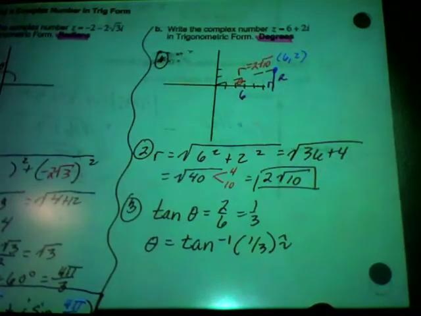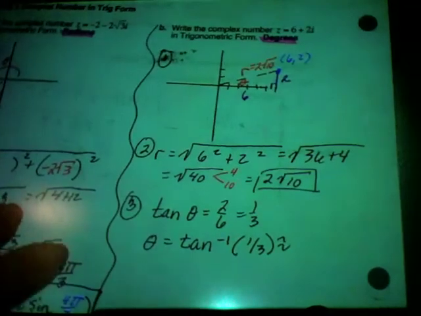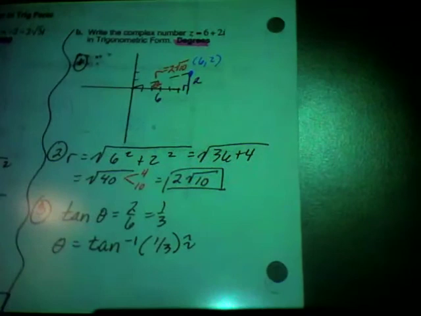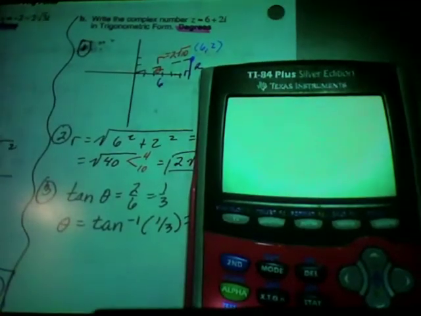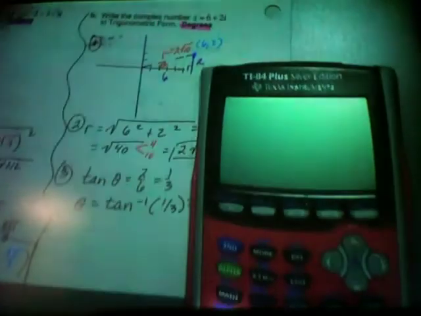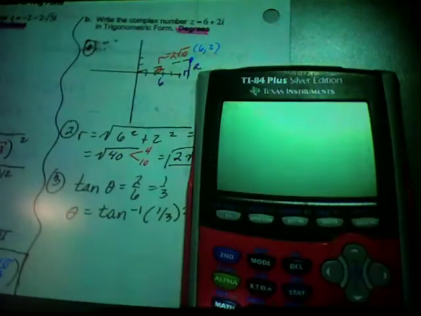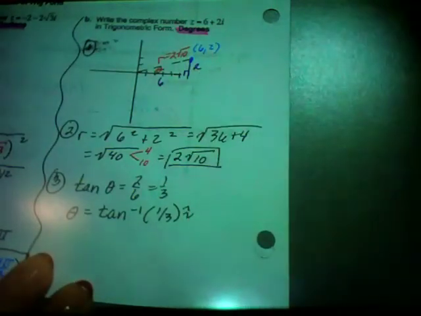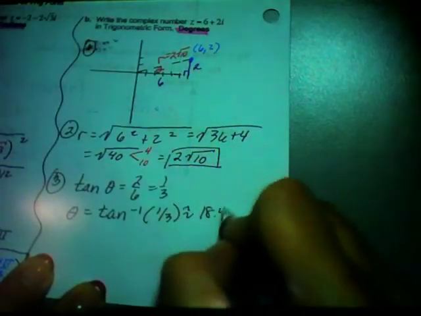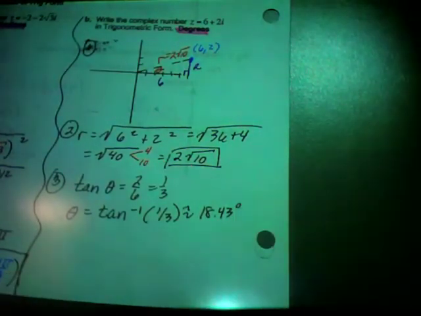Do make sure on your own calculators that they are in degrees. So inverse tangent of 1 divided by 3. Round that to 2 decimal places. So we've got 18.43 degrees.